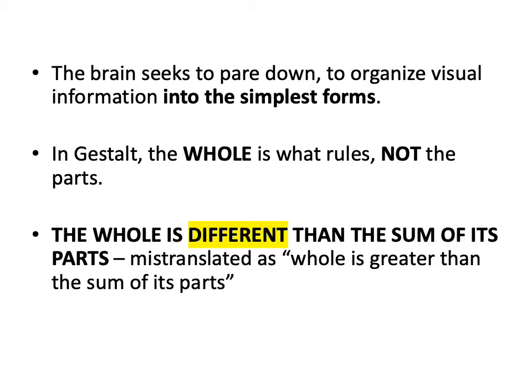It's actually about the whole being different than, or other than, the sum of its parts. Apparently this mistranslation caused a great deal of dissatisfaction among the psychologists who developed the theory. So, kind of an interesting detail.